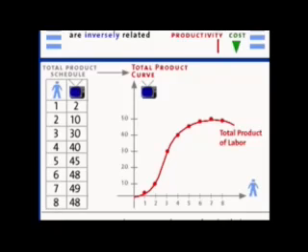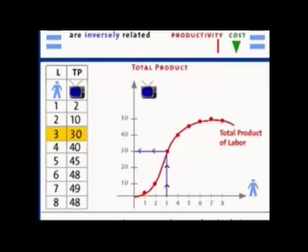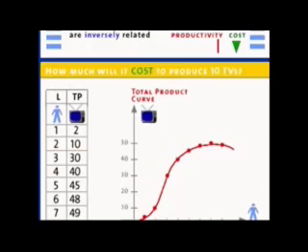That's your productivity. Now, think about this diagram viewed from the other direction. Suppose you ask yourself, how much will it cost my firm to produce 10 television sets in a week? So instead of starting on the horizontal axis and going up to the total product curve, we're starting on the vertical axis and going over to the curve.